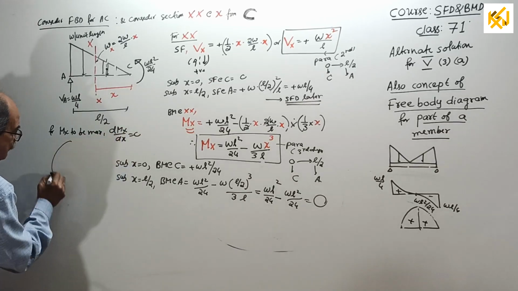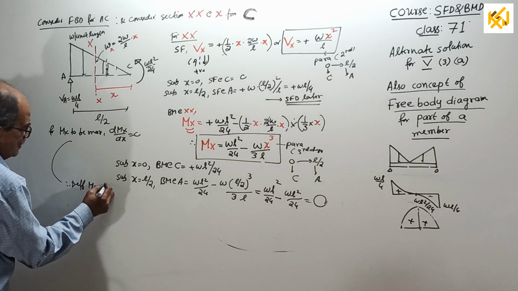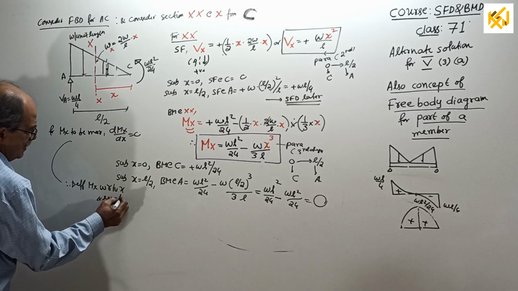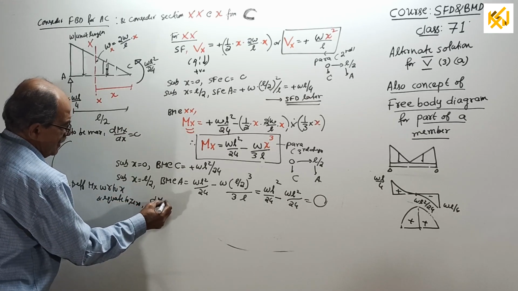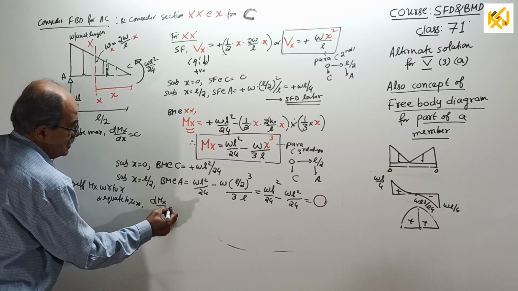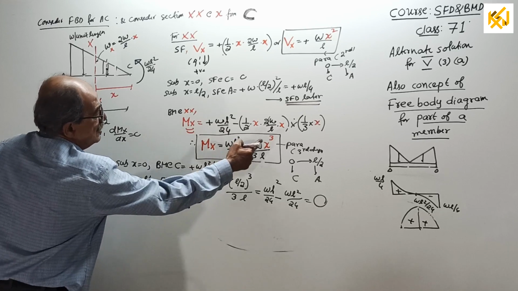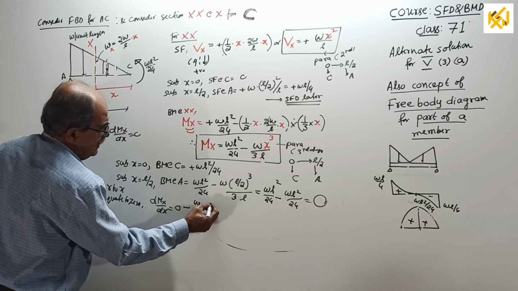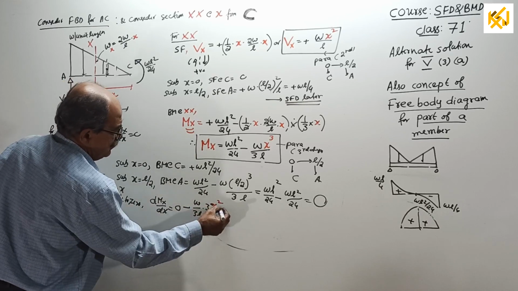Therefore, differentiate Mx with respect to x and equate to 0. You get dMx/dx equal to 0 minus W by 3L into 3x square, which equals 0.